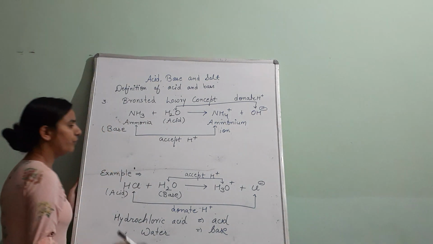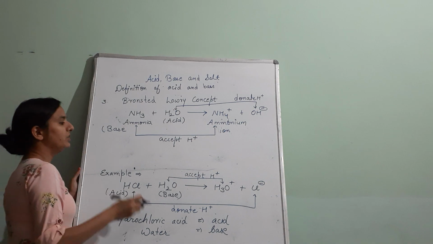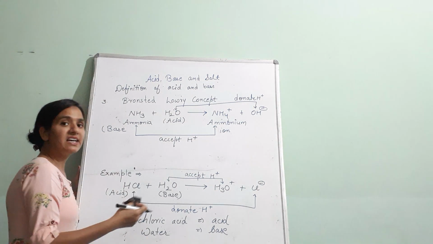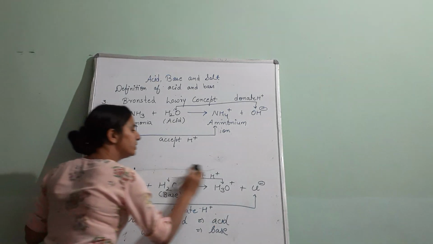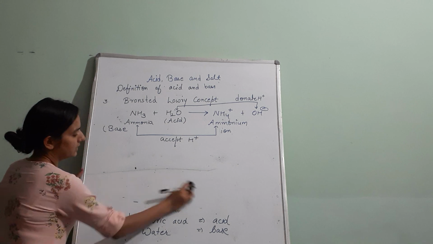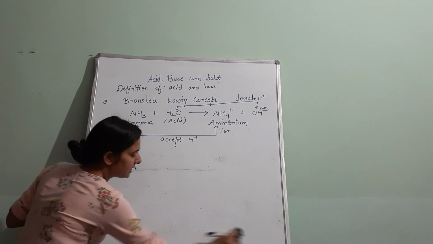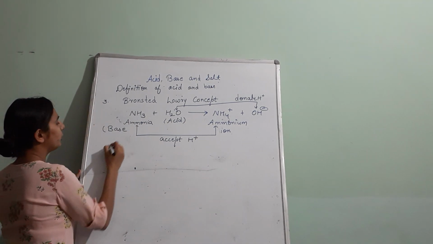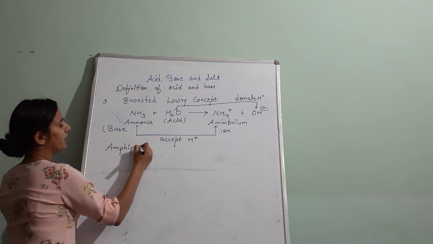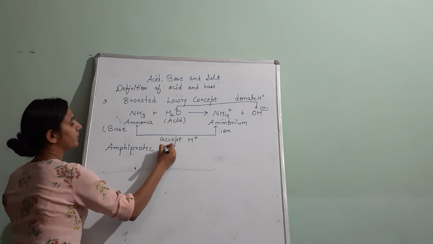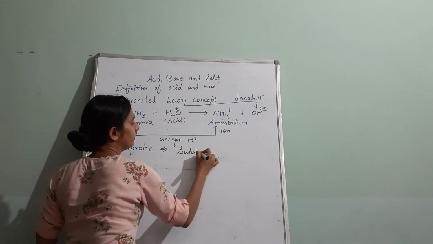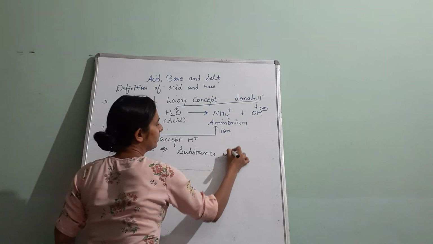So we have some substances which are capable of acting as acid as well as base, and those substances are known as amphiprotic substances.